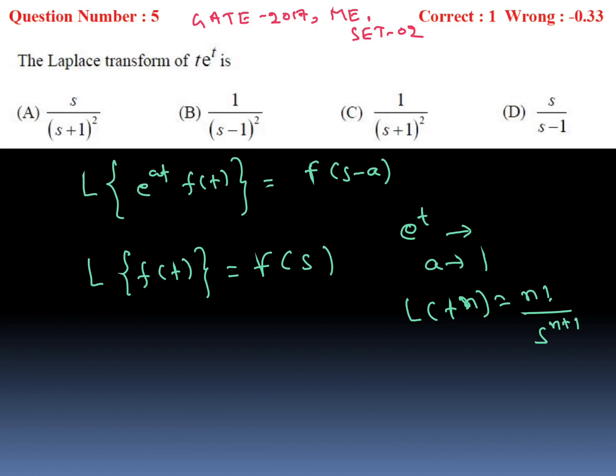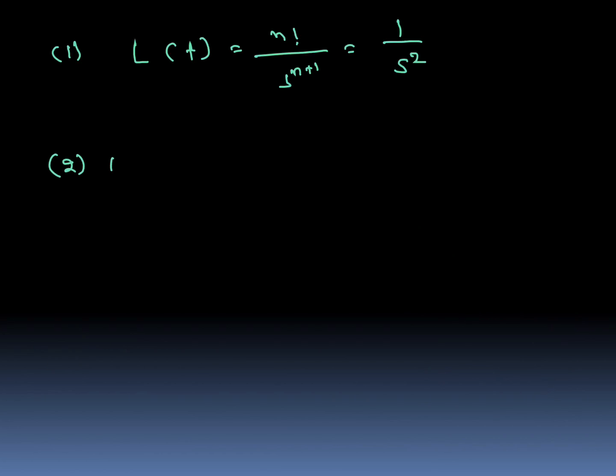Here t to the power 1, so Laplace of t is 1 by s square. Our required Laplace is Laplace of e to the power t into t. You will get just s minus a, put a is 1, so 1 by s minus 1 whole square. From the options, B is your answer.